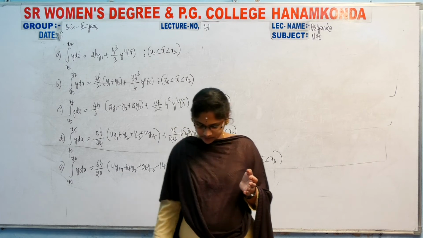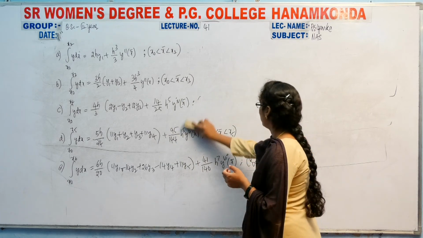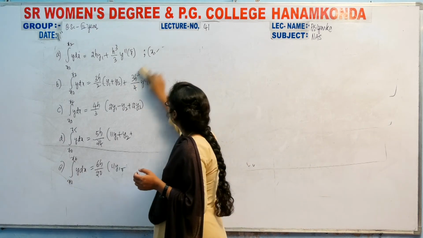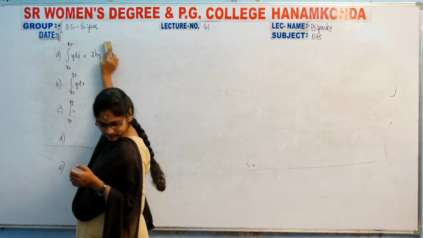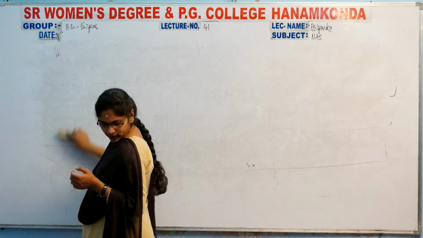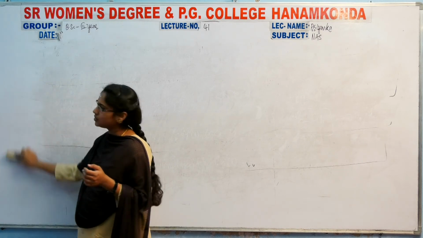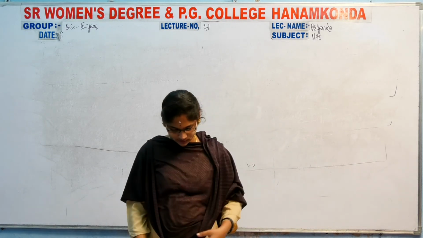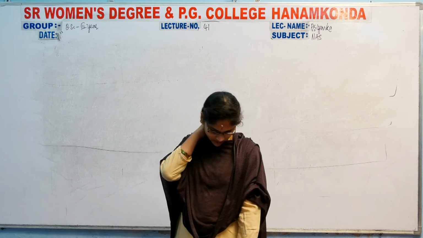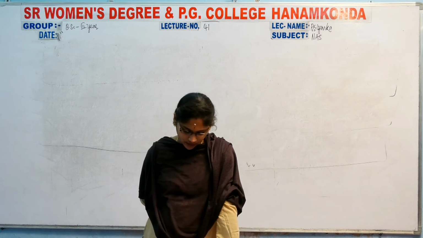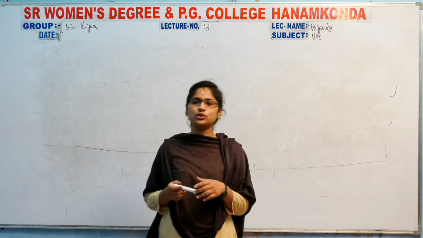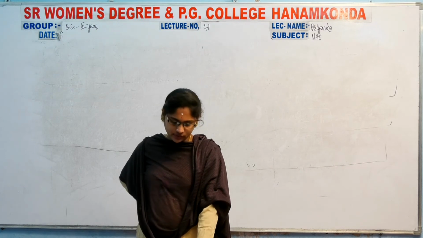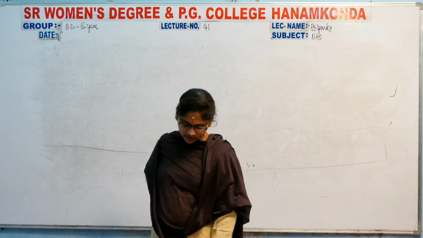Now write down one question. A solid of revolution is formed by rotating about the x-axis the area between the x-axis, the lines x equal to 0 and x equal to 1, and a curve through the points with the following coordinates.